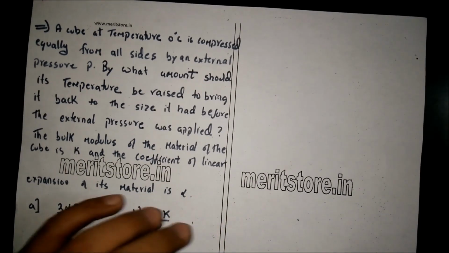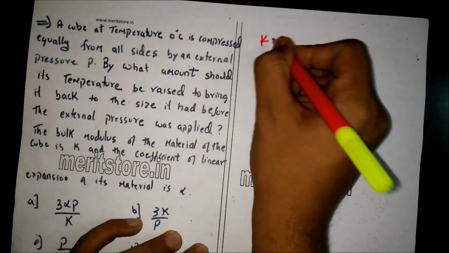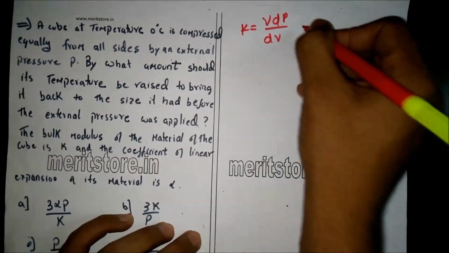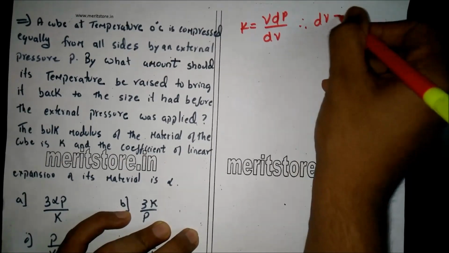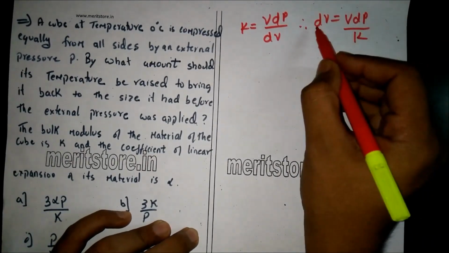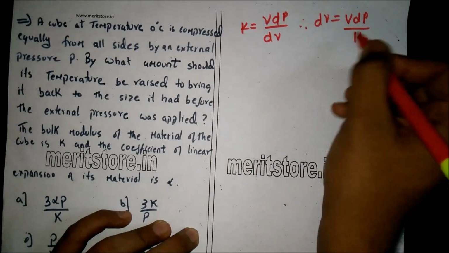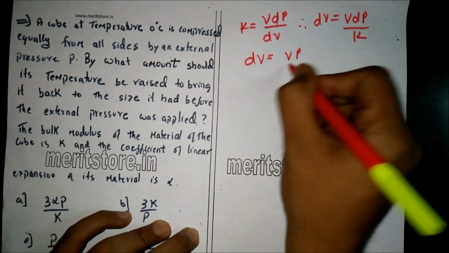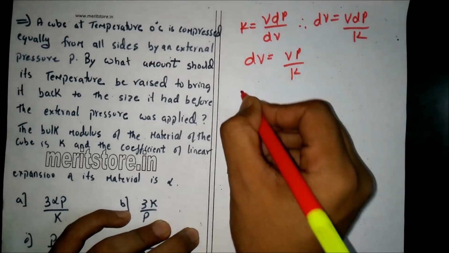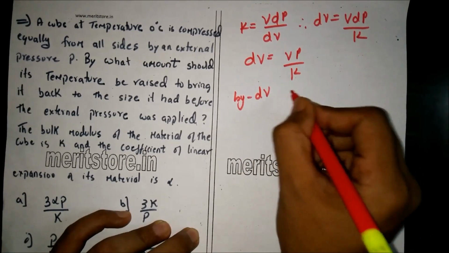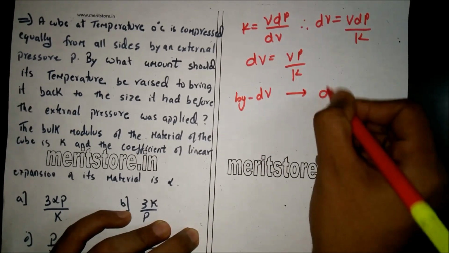Here are the options. Now, we know that the bulk modulus K is equal to V into dP upon dV. Therefore, dV will be equal to V dP upon K, where dV is the decrease in volume. But in this case, dP is equal to P. Therefore, dV will be equal to VP upon K. Now, to increase the volume by dV, we have to increase the temperature by dt.